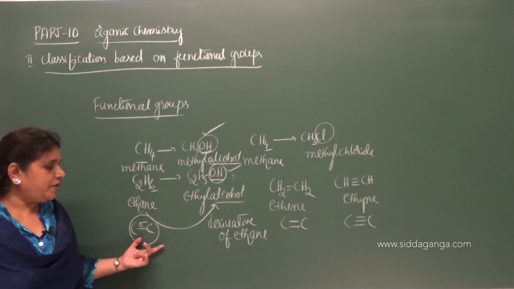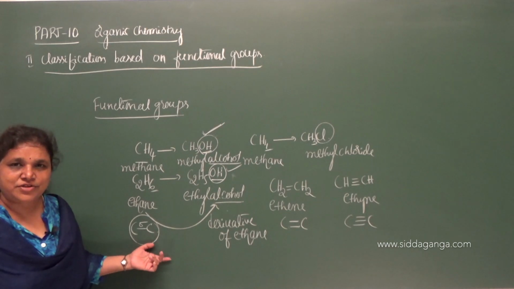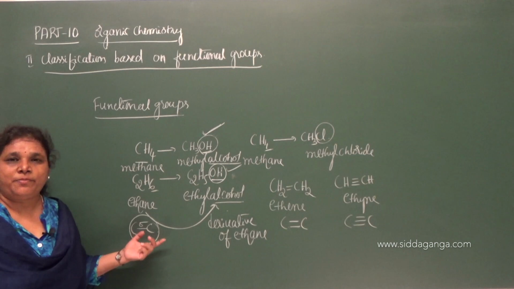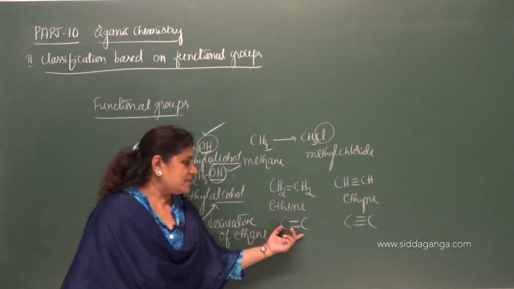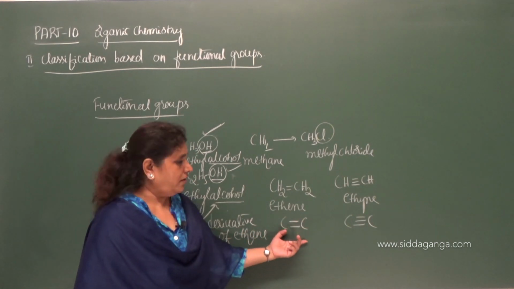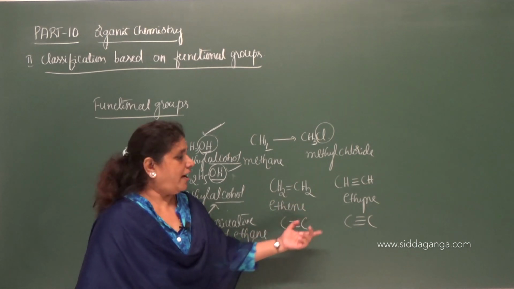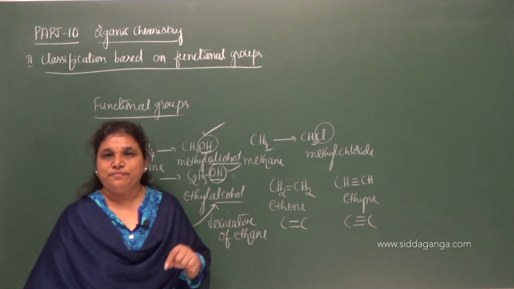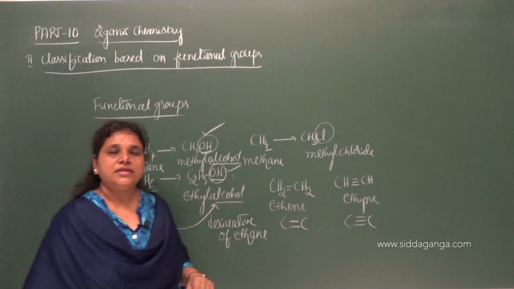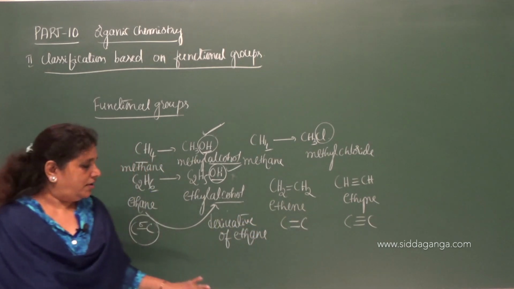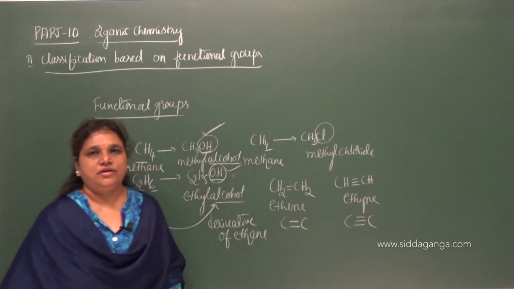Hence, the carbon to carbon single bond is also a functional group. That is the group which can determine the properties of alkanes, and the presence of the carbon to carbon double bond in alkenes determines the properties of alkenes, and the presence of the carbon to carbon triple bond in alkynes determines the complete properties of alkynes. Therefore, these are also called functional groups.